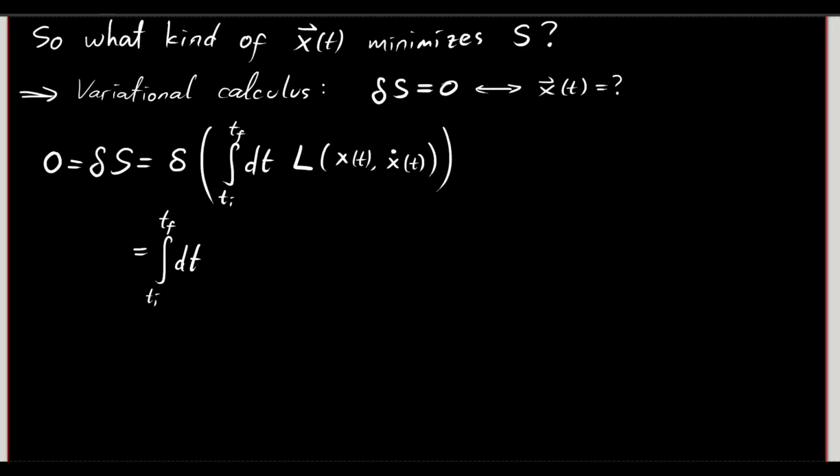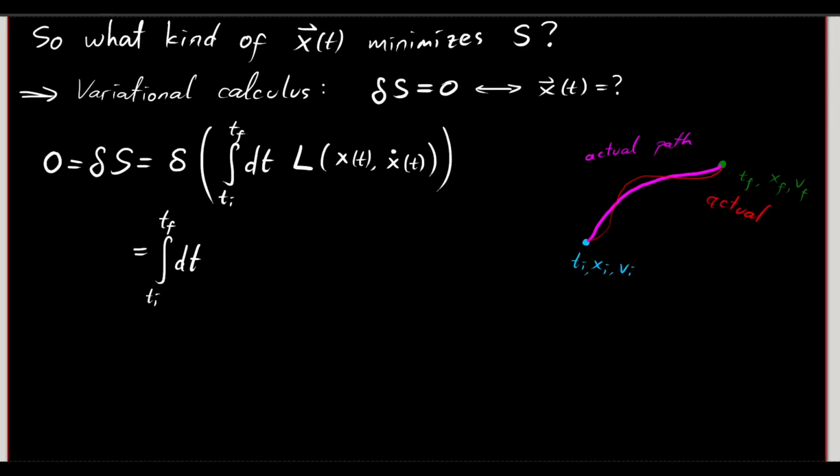Going back to our picture, there's an object initially at x sub i with velocity v sub i, moves to a final state x sub f with velocity v sub f. Let's say that this is the actual path that the object takes. By taking the variational derivative, what we're doing is we take this path, then add some variation, delta x, to it.